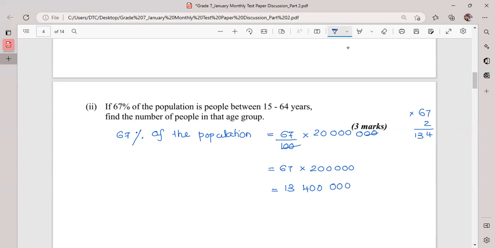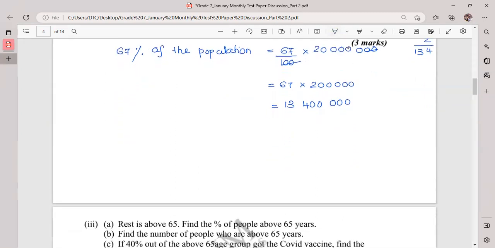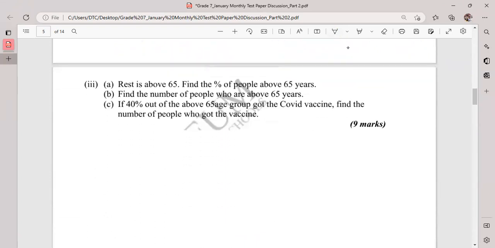When you multiply 200,000 by 67, it gives me 13,400,000. So that is the number of people in that age group. What's that age group, children? 15 to 64.